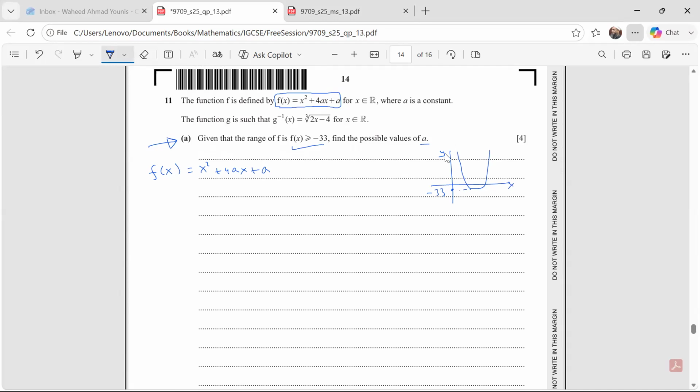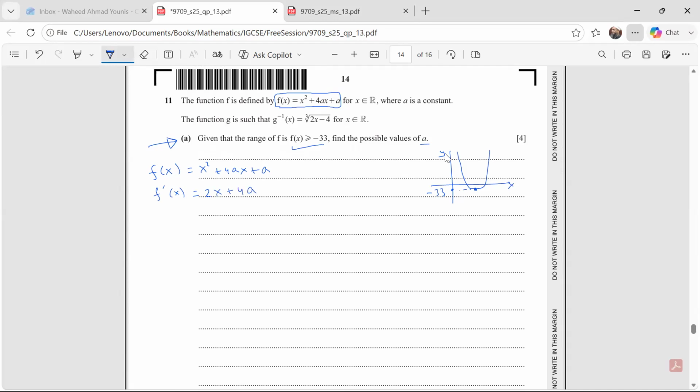What I would like to do is find the lowest point of this curve. How can I find the lowest point? The stationary point, you can find it if I put the derivative equal to 0. So let's differentiate this function, and this is going to be 2x plus 4a.